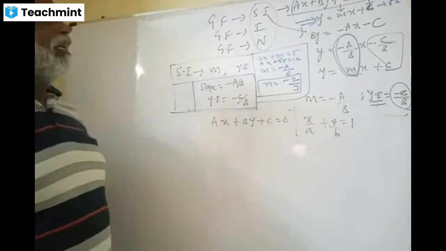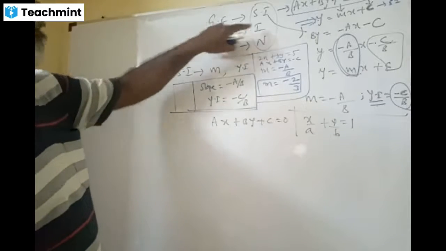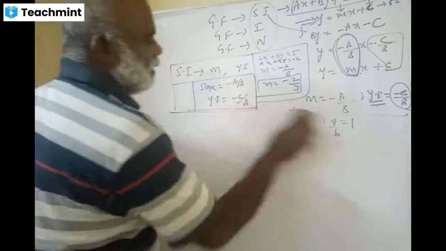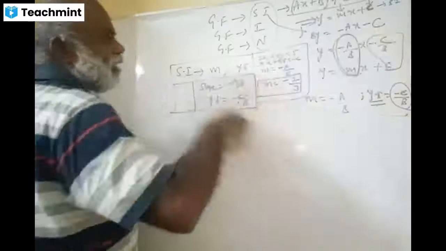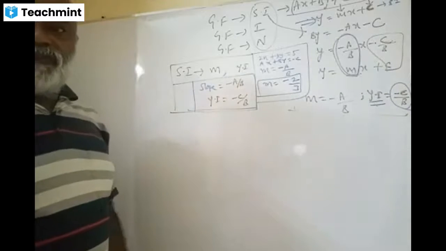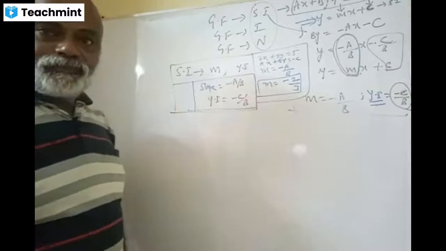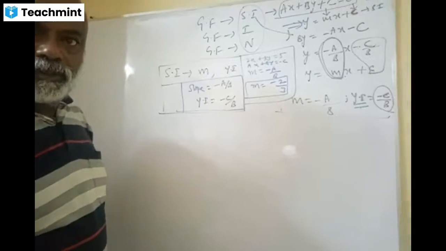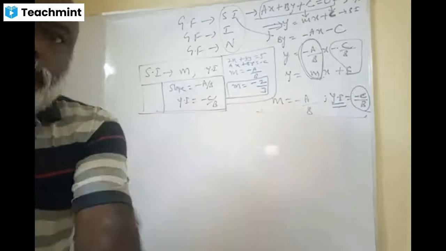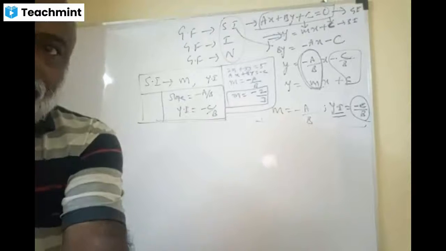Shall I go for the next one? General form to intercept form. If you have taken this, I will go for the second one. Are you comfortable with my writing? Yes, sir. Right.